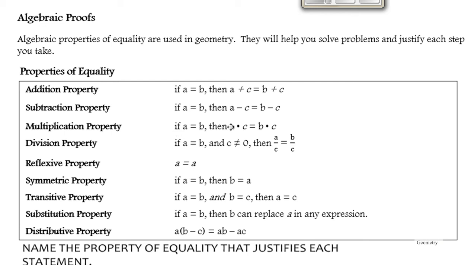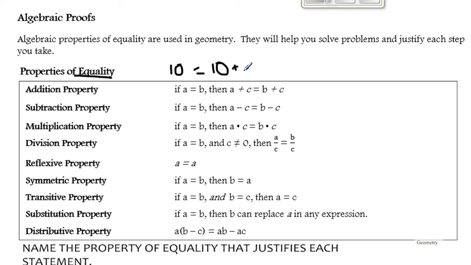So, for example, addition property. Let's use numbers to make it make more sense. Let's just say we had 10 equals 10. And we know that is true. The only way we can keep these two sides equal, or how we can maintain the property of equality, is if we add the same thing to both sides of the equation.